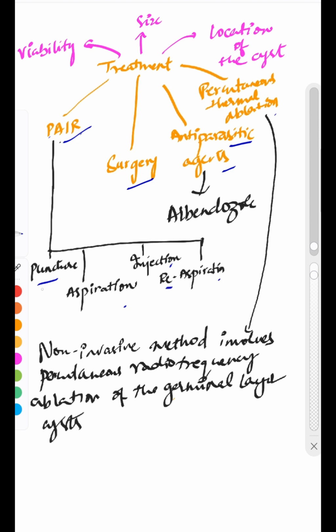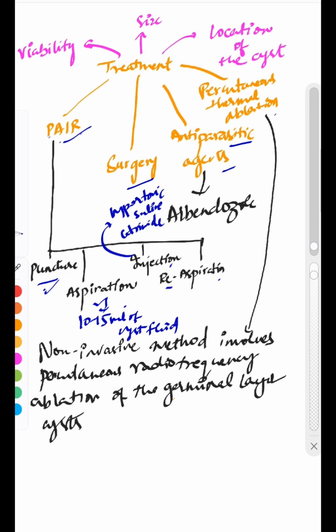That is percutaneous puncture of the cyst, aspiration of 10 to 15 ml of cyst fluid, and infusion of scolicidal agents like hypertonic saline, cetrimide, or ethanol, and again reaspiration of the fluid after 5 minutes. So that is the PAIR method.